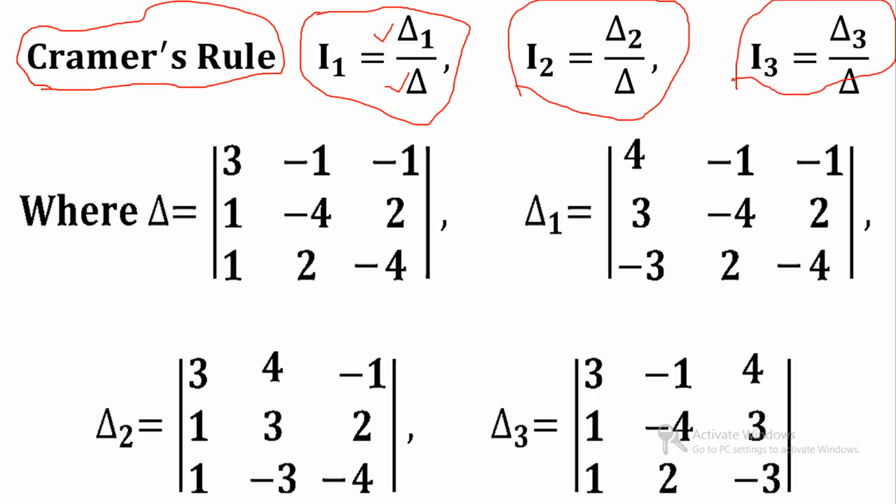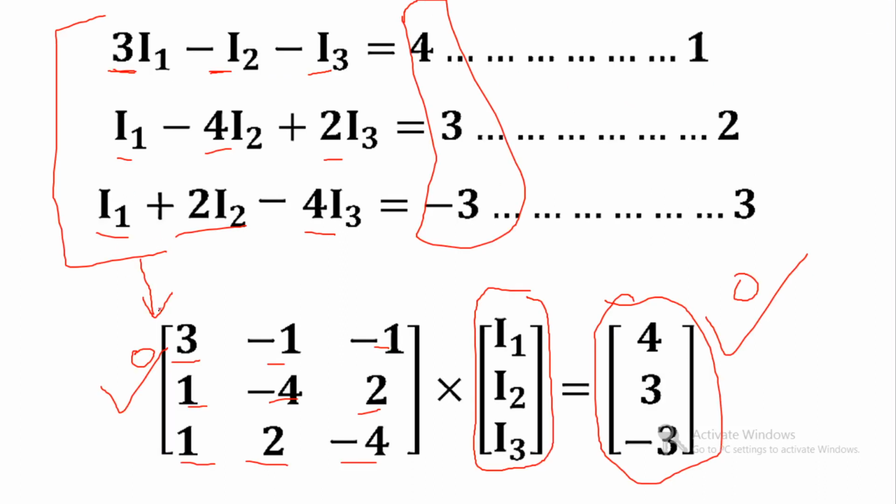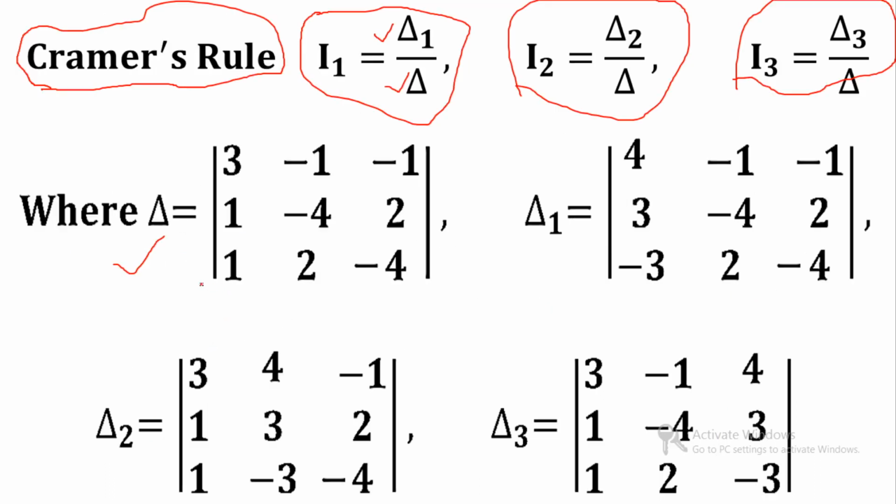Now what are delta, delta 1, delta 2 and delta 3? Delta is the determinant of this particular matrix, the determinant of each and every coefficient of the three equations. So that is known as delta.